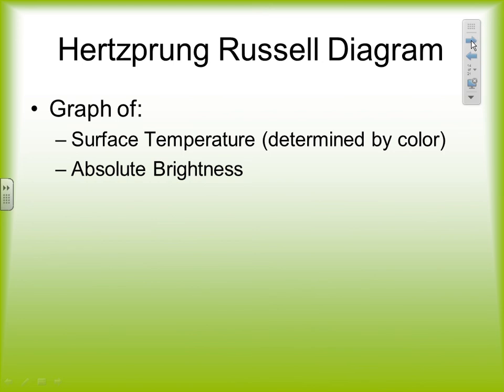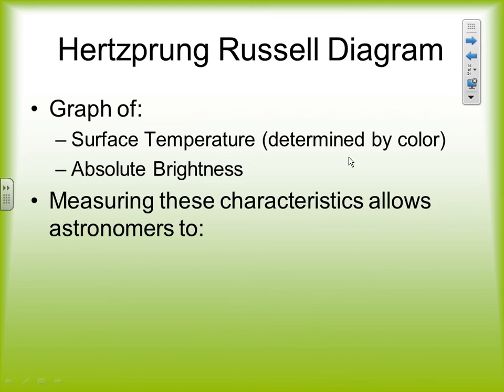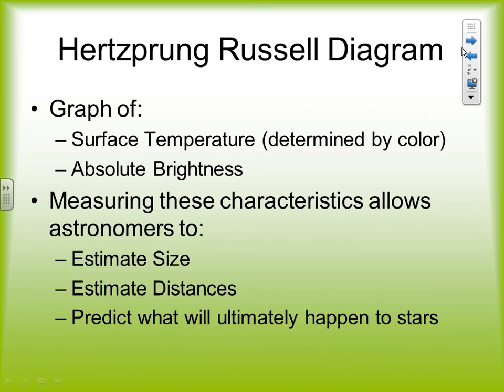Measuring these characteristics allows us to estimate the size of the star, estimate how far away stars are, and predict what will ultimately happen to those stars, based on our experience with previous stars and what we've seen stars of that size and that composition do in the past.